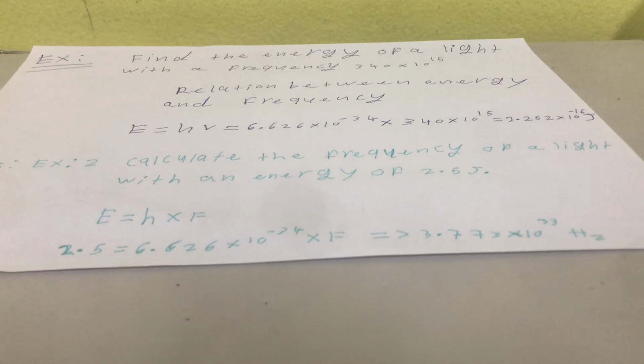So E is 2.5 equals H, Planck's constant, 6.626 times 10 to the negative 34 times frequency, because the question is to calculate the frequency. So we get F equals 3.773 times 10 to the power 33 hertz.